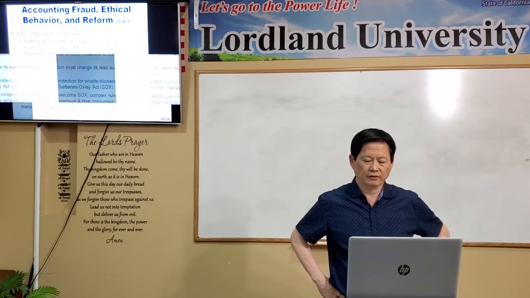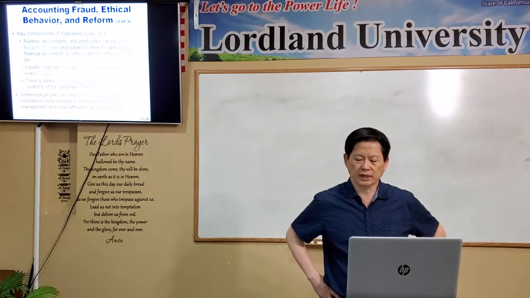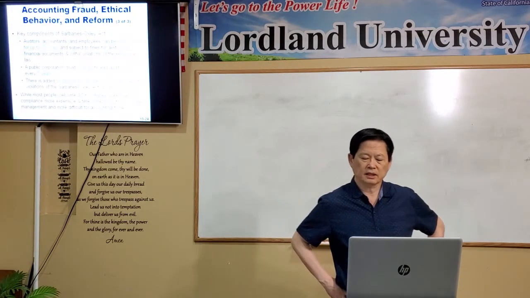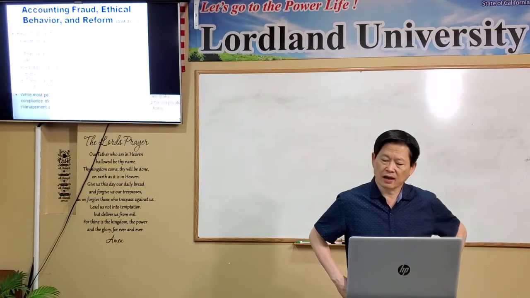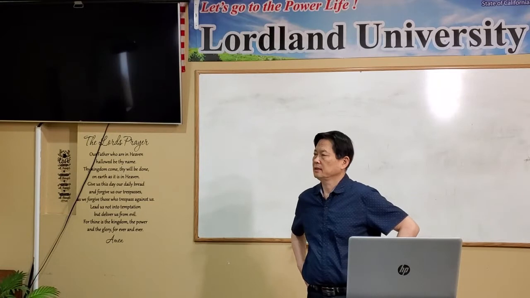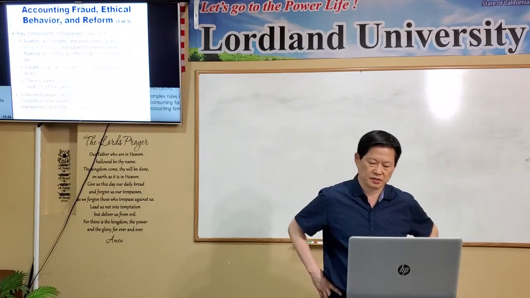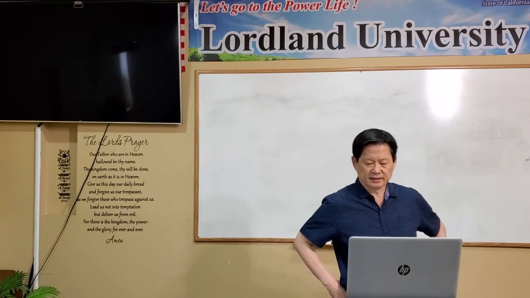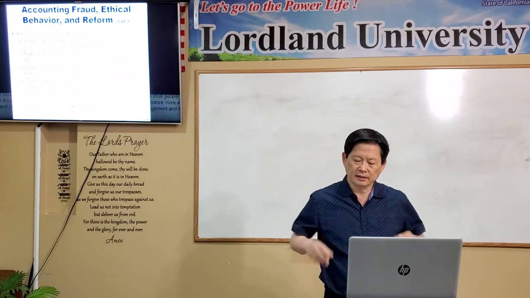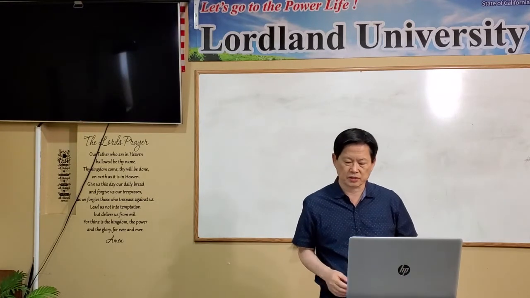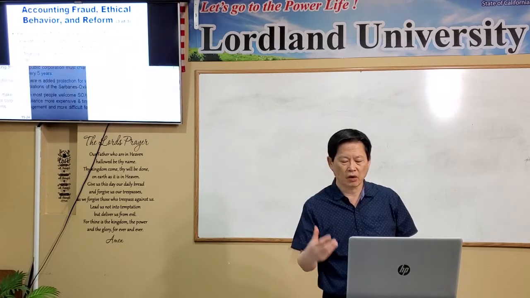A public corporation must rotate its auditing firms every 5 years. There is added protection for inner whistleblowers who report a violation of the Sarbanes-Oxley Act.